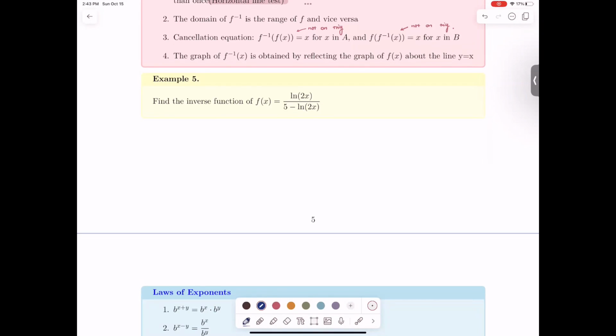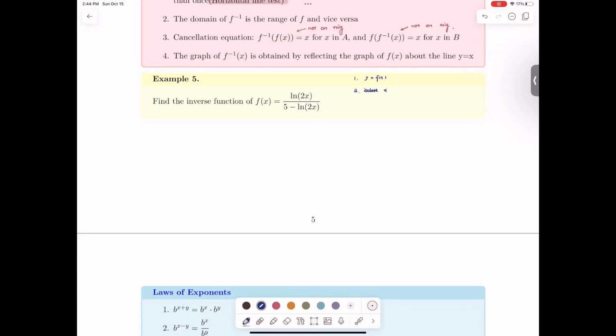First of all, your first step is you write it as y equals f of x. Now you can either swap x and y first, or you can isolate x first. It doesn't matter. I'm going to isolate first because that's how you do it in 102, and I don't want you to mix them up.